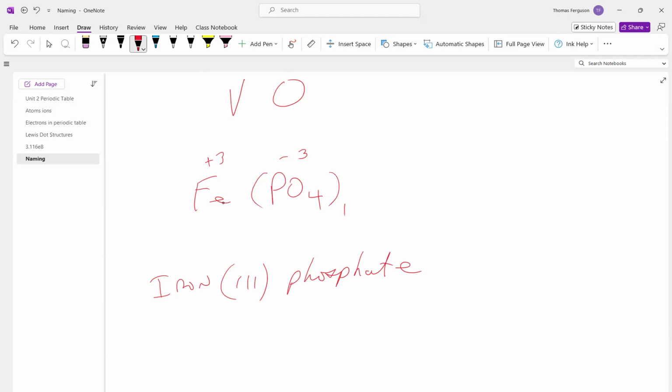Ah, okay. So parentheses means you're talking about the whole group. P, 1 P, 4 O's. They're a group together. Can't split them up. So that's what the parentheses indicates, that it's a group. Now, if there's only one of them, you don't put parentheses there.